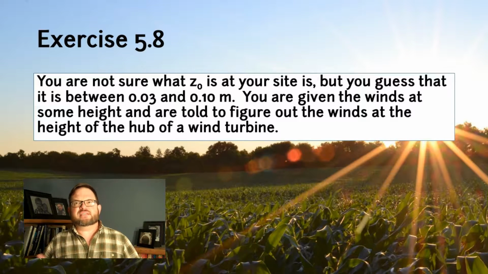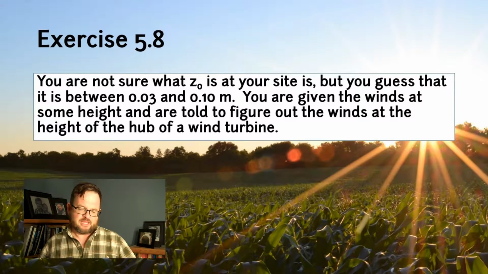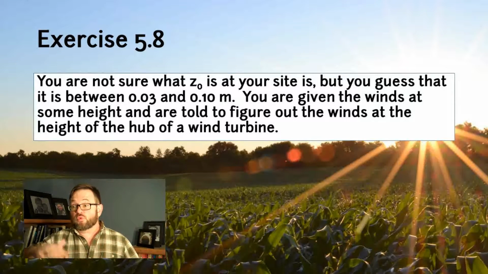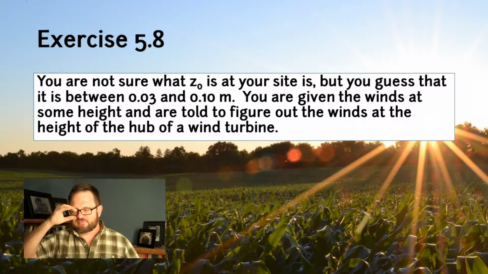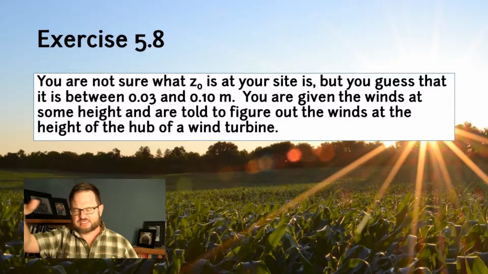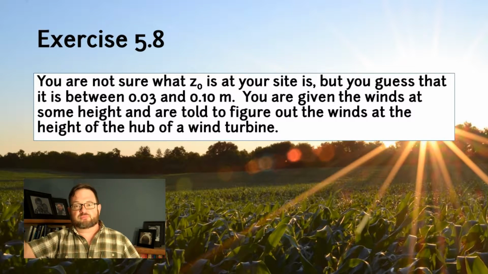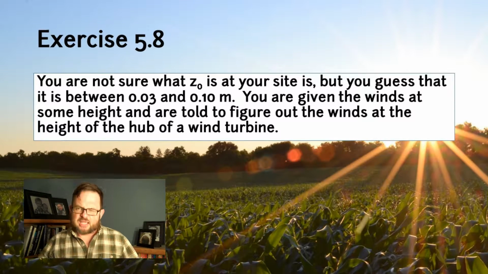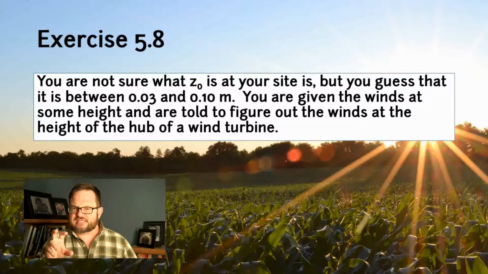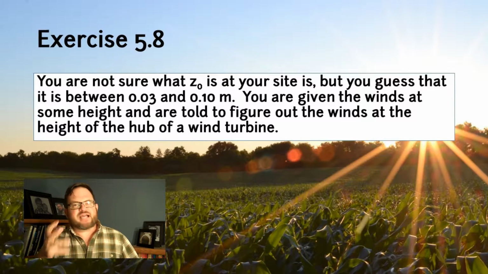But you have some guess that you think it's somewhere between 3 centimeters and 10 centimeters. If you are given the winds at some particular height, the problem asks you to figure out what the wind would be at the height of a wind turbine's hub.